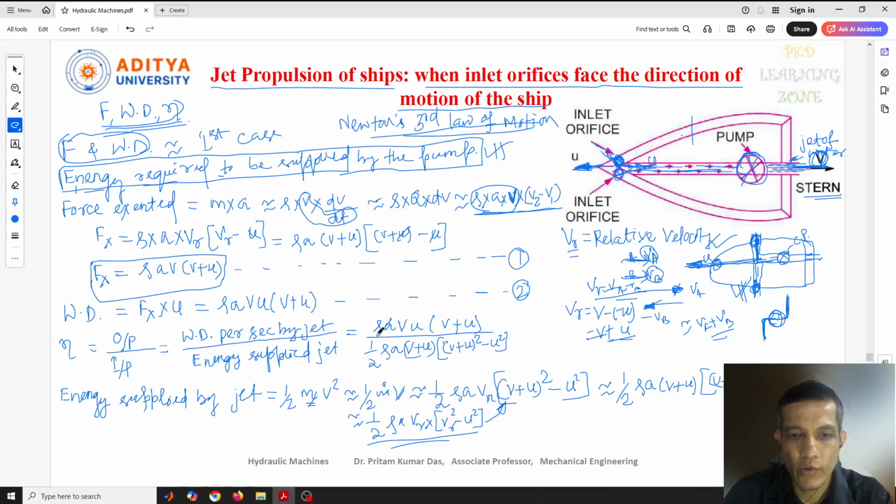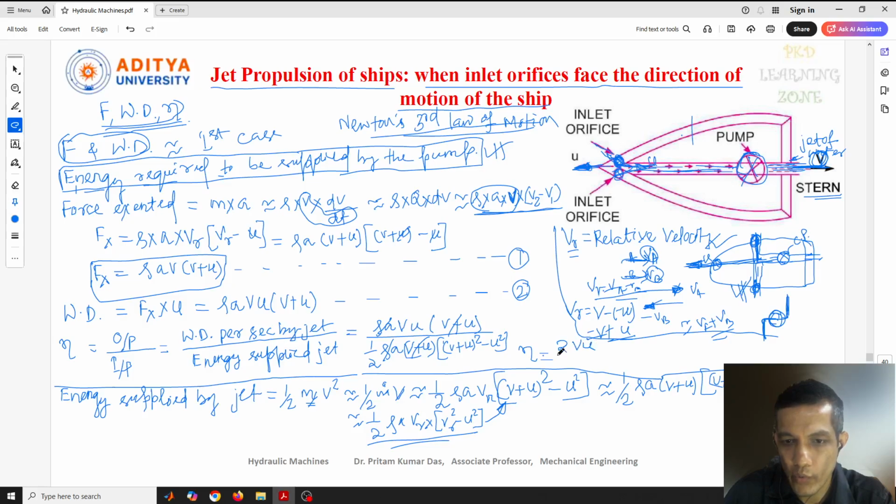Now if you see, this rho A will be cancelled and v plus u will be cancelled, and finally we can write efficiency equal to, after cancelling, 2 into v into u divided by v plus u square minus u square.